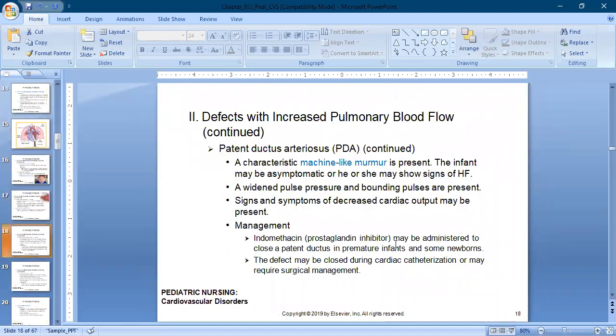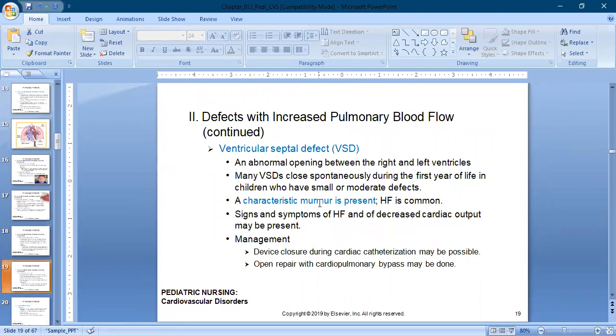So I said ventricular septal defect. I'm going to read one more time for you. Abnormal opening between the right and left ventricle, shortly called VSD, may close spontaneously during the first year of life.